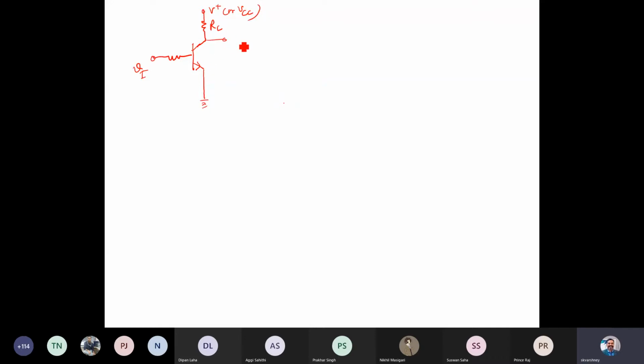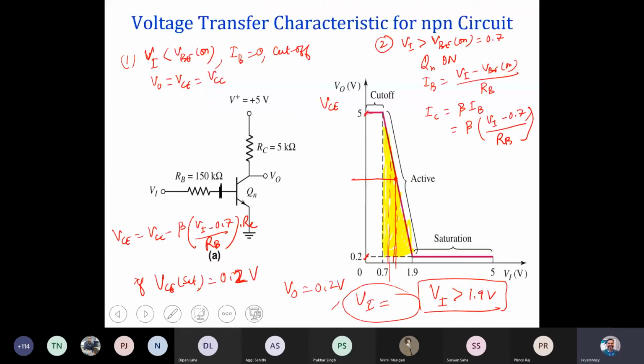You're measuring the output across VCE. So this is the circuit we have. This value is, let's say, plus 5 volt, RB is 150 kilo ohm, RC is 5 kilo ohm. Let's write down these numbers later on.